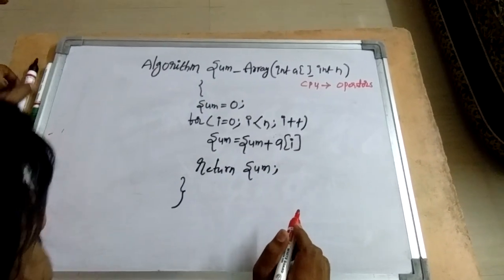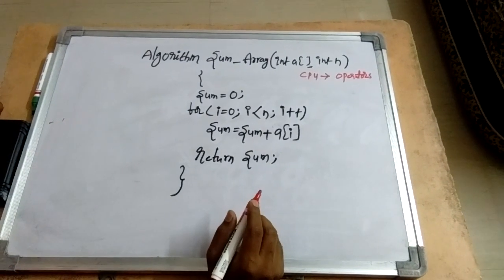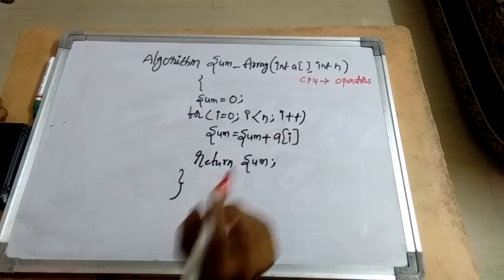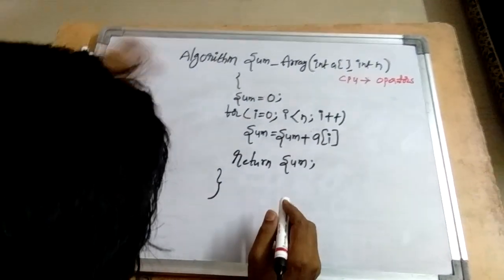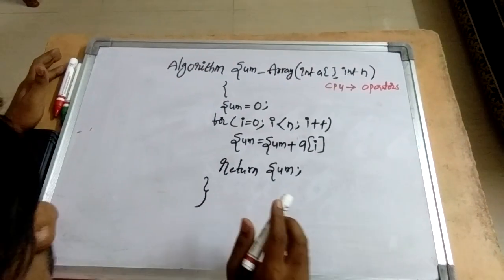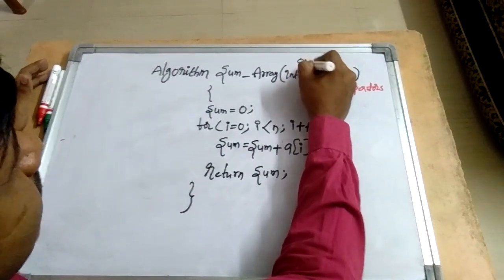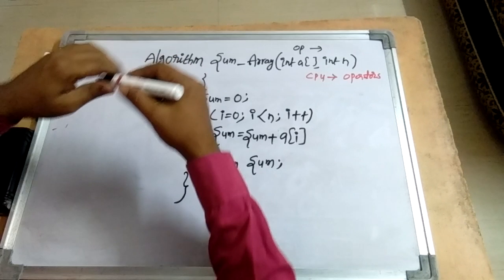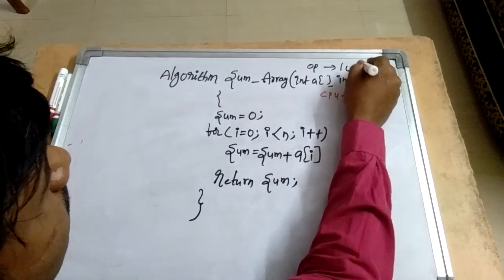So every operation will be considered as 1 unit of CPU time.